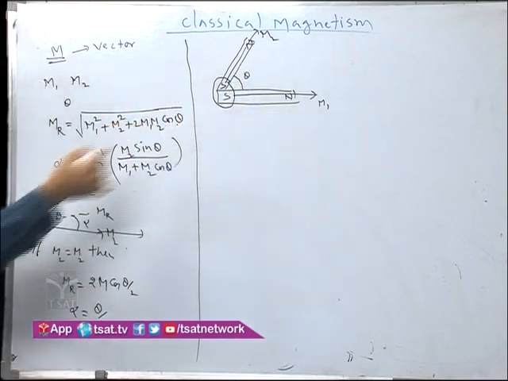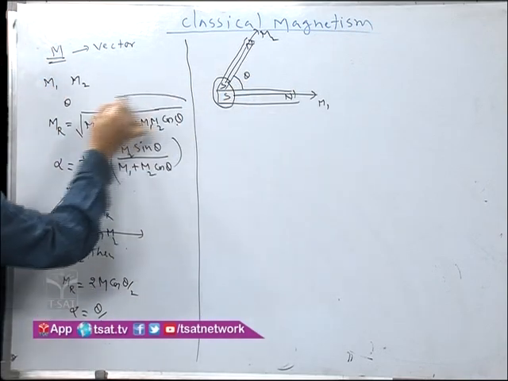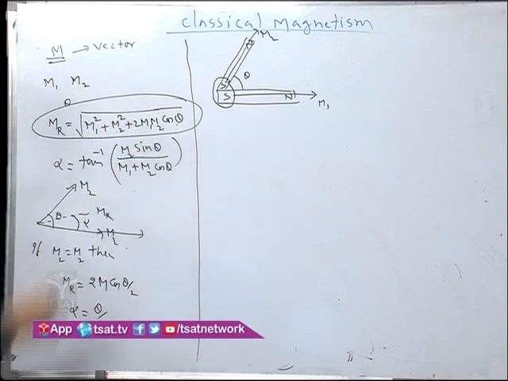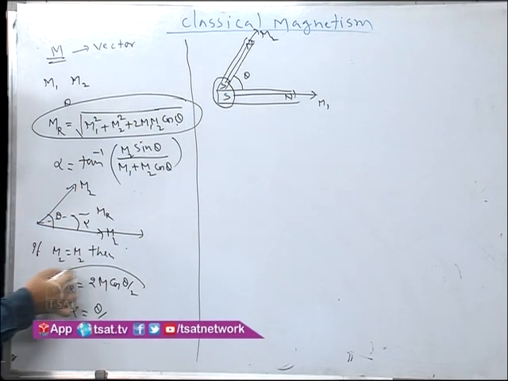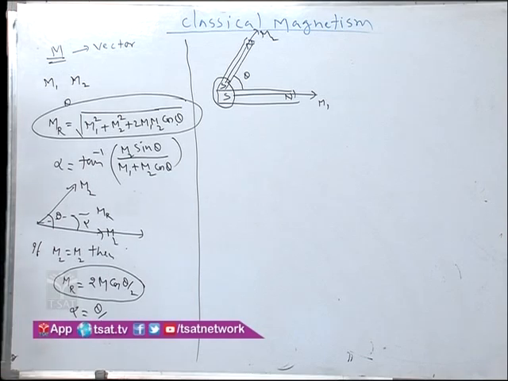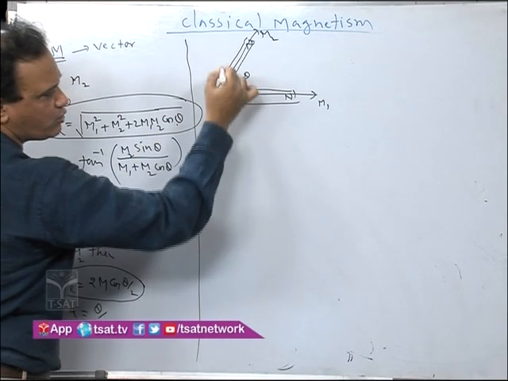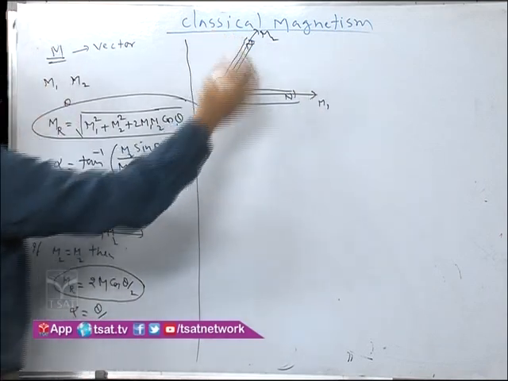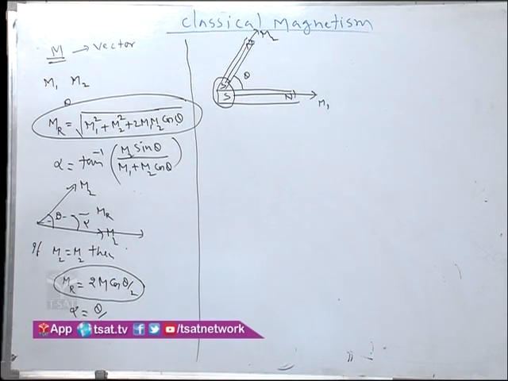So the resultant magnetic moment is the root of m1 square plus m2 square plus 2 m1 m2 cos theta. If these two are identical bar magnets, the resultant magnetic moment is 2m cos theta by 2, and the direction exactly bisects the two bar magnets.